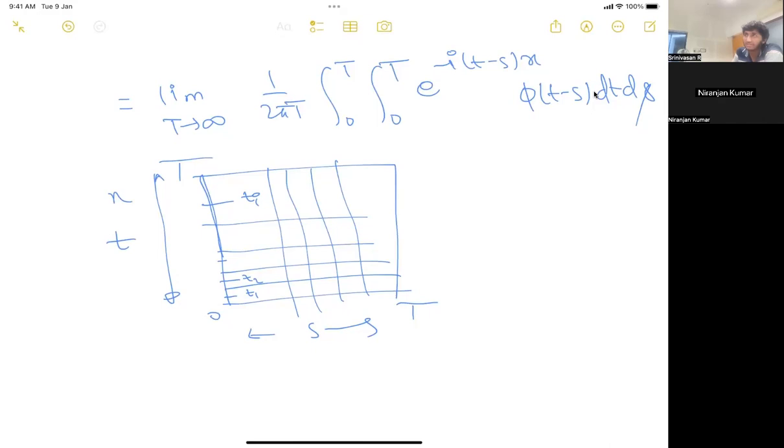Here also you partition into n equal intervals, choose s_i, and we are choosing s_i in such a way that s_i is equal to t_i for all i from 1 to n.